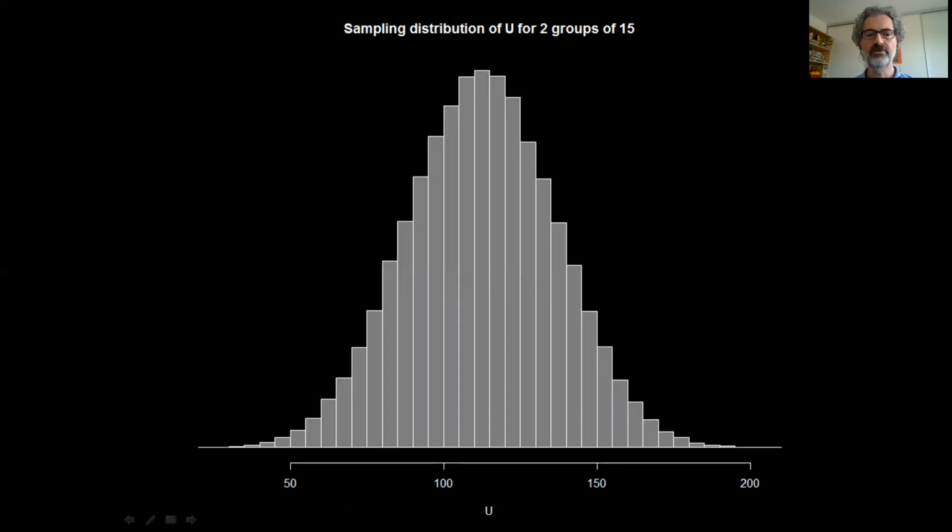These are U values calculated for sets of two groups, independent groups, that have 15 values each and are randomly ranked, so they're not related. This is the null distribution for U for these group sizes.